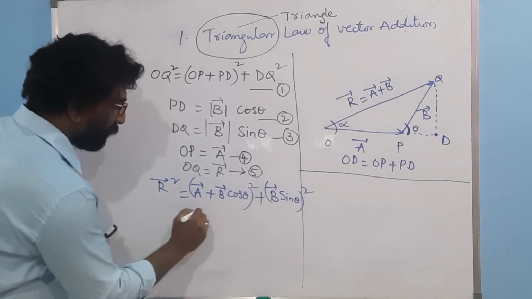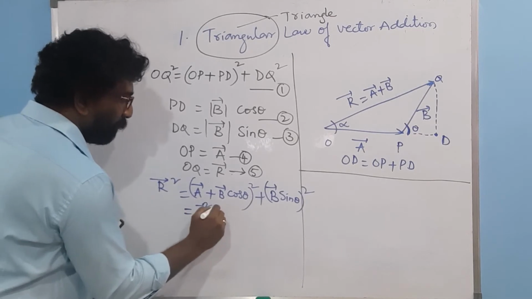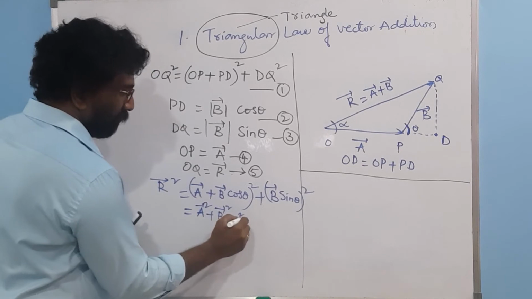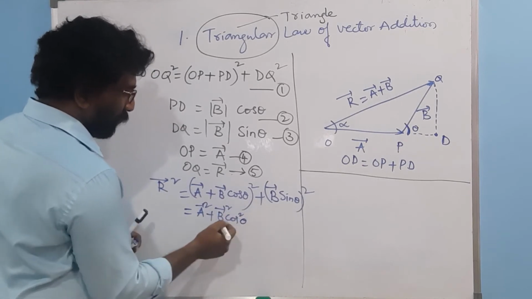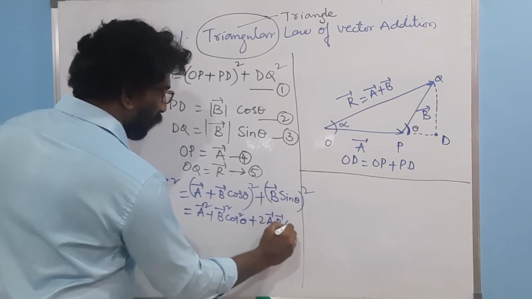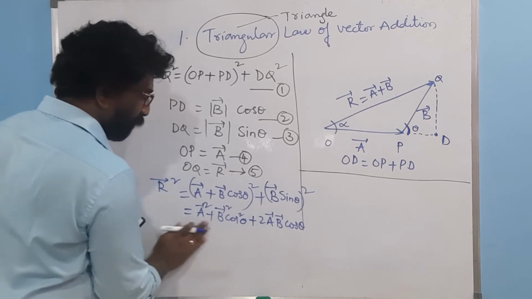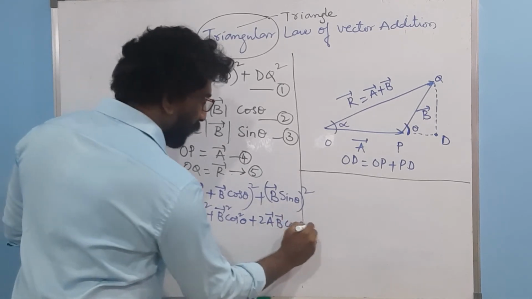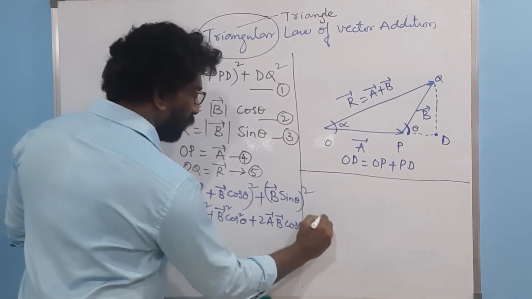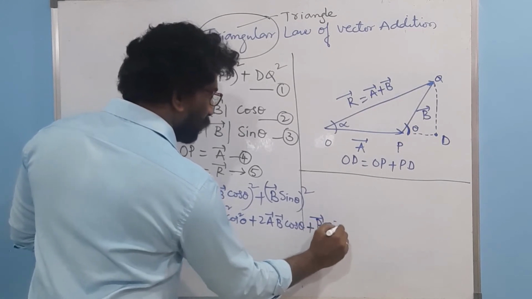So now if I write it, you will get A plus B cos theta whole square, that is A square plus 2AB cos theta plus B square cos square theta, plus B square sin square theta.